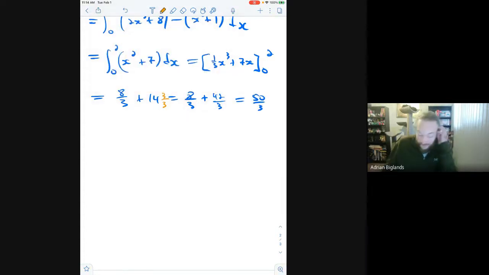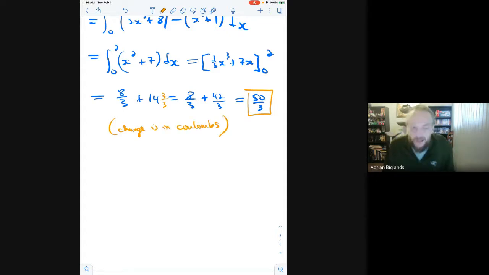Some number, 50 over 3. Charge is usually in coulombs. I'm not too interested, but the physicists are interested in this. I just want to do the mathematical calculations of doing double integrals and applications.